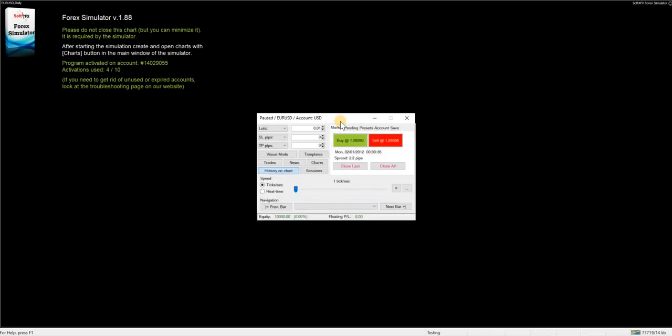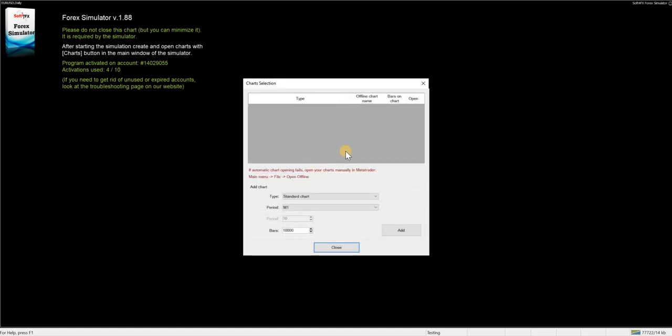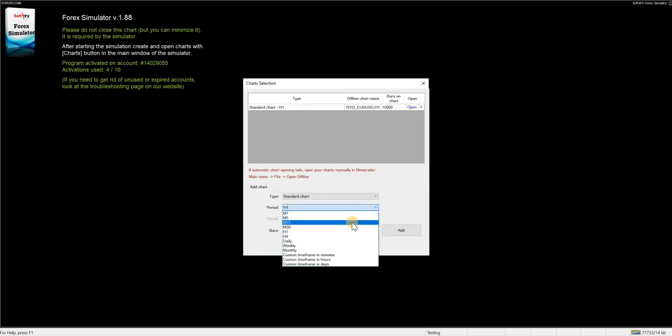All right, here's our control box. Need to get some charts going, so we'll go into here. What do we need? Let's have a look for some charts. We'll put a 1 hour chart there, so I'll add that. So this is all the euro. Just bear with me as we set it up. What else do we need? We'll do a 4 hour chart.